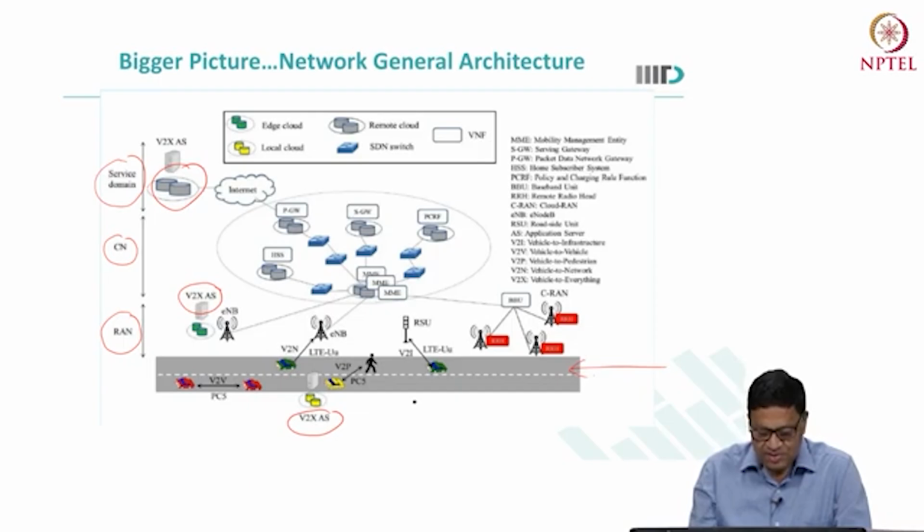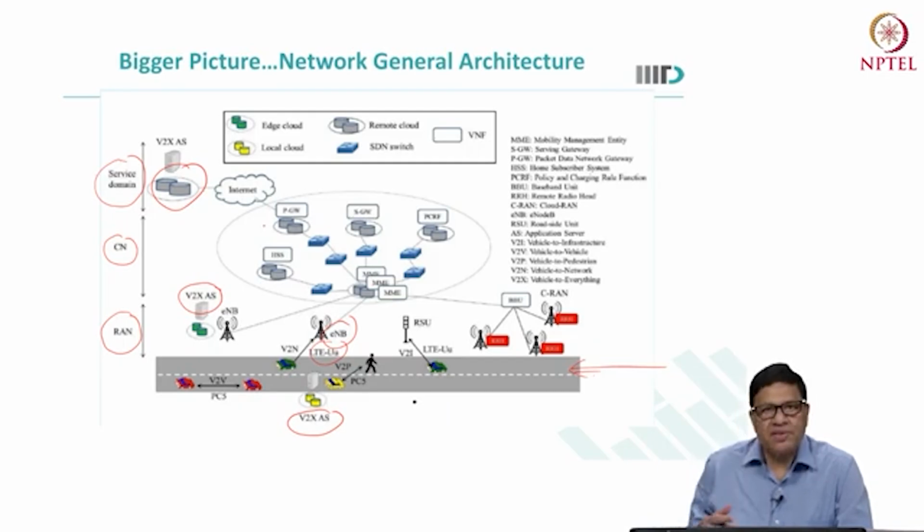So the information which is generated here on the road, vehicle to vehicle or vehicle to infrastructure with traffic lights, through the remote access network, which consists of E-node Bs and LTE systems, is transported to the core network, which has these entities, and then it goes to a cloud application server.